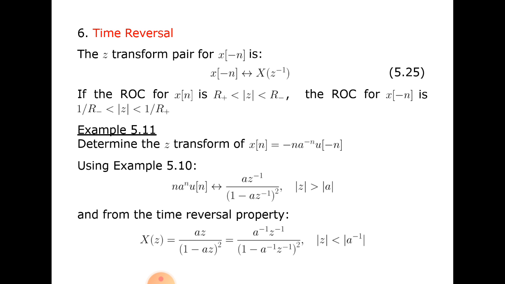From the time reversal property, X(z) is equal to a z divided by (1 minus a z) the whole squared, which is equal to a^-1 z^-1 divided by (1 minus a^-1 z^-1) the whole squared, where |z| less than |a|^-1.